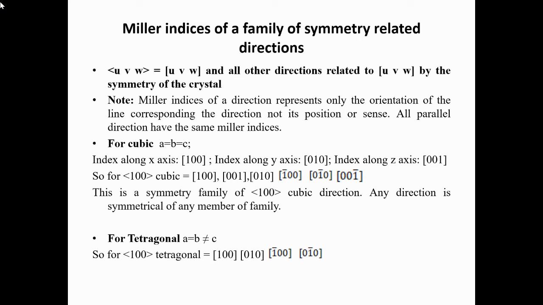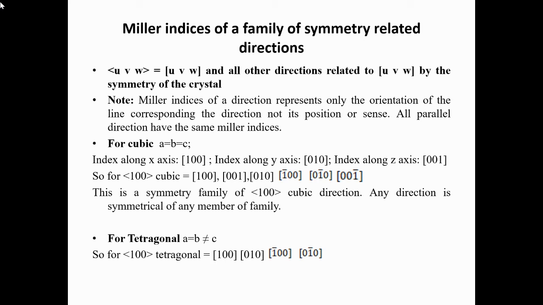Because it is only possible for cubic, as the 3 edge lengths are equal to each other. But for tetragonal, the edge lengths of the x-axis and y-axis are the same, but the z-axis is not equal to them.